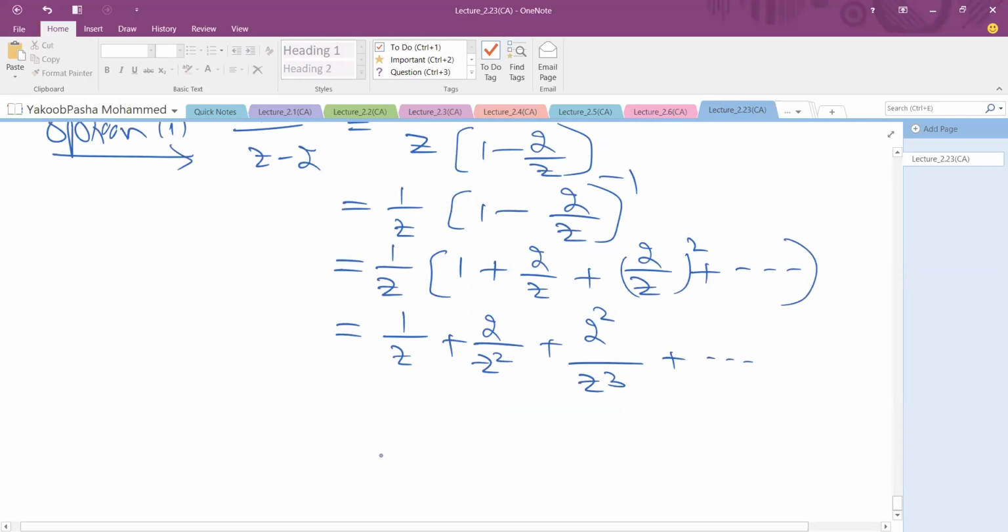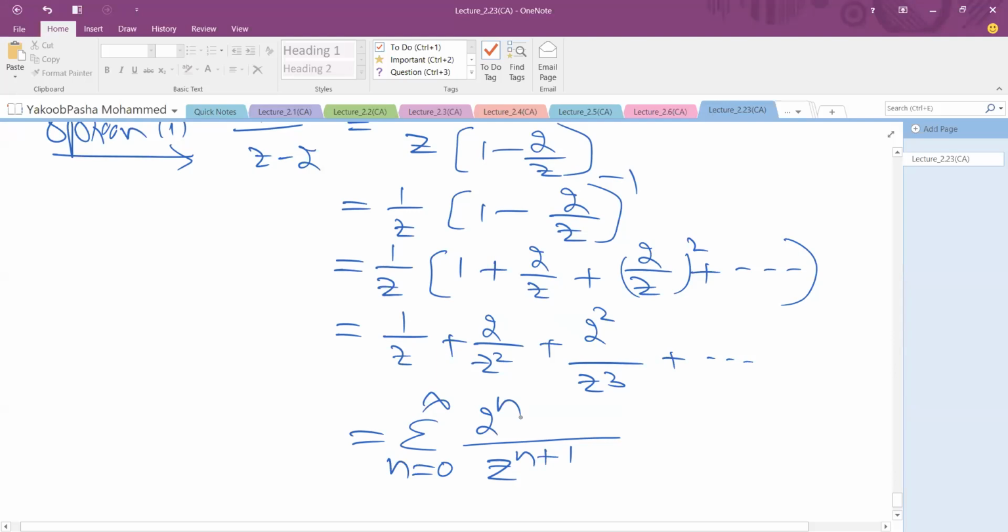This can be written in summation notation: summation n is equal to 0 to infinity, numerator 2 power 0, 2 power 1, 2 power 2, that is 2 power n, denominator z power n plus 1.